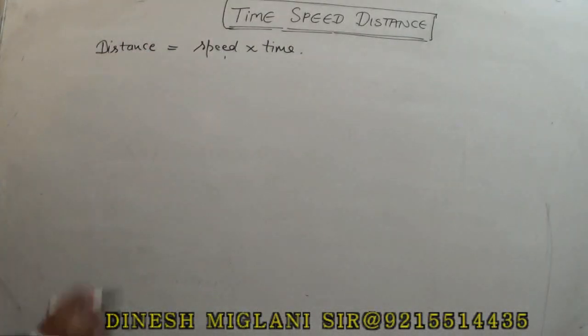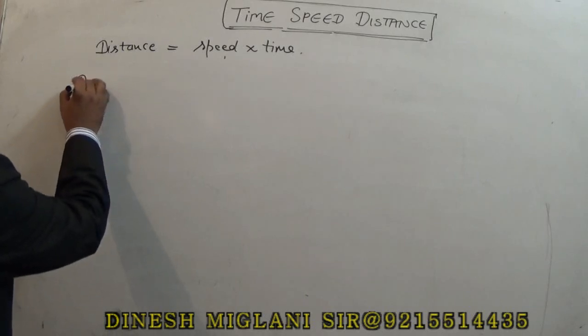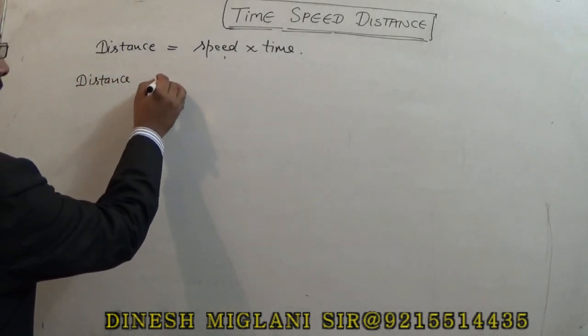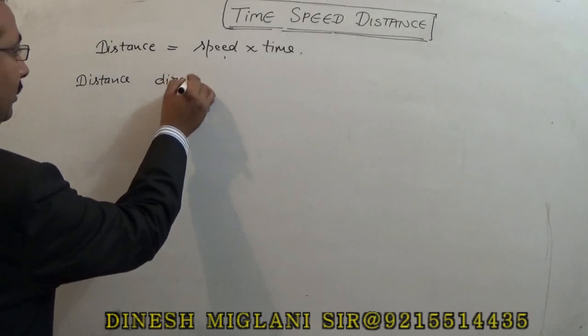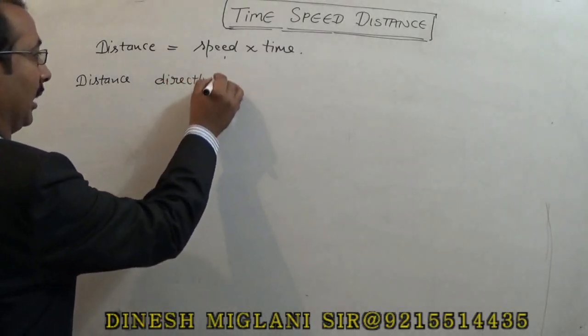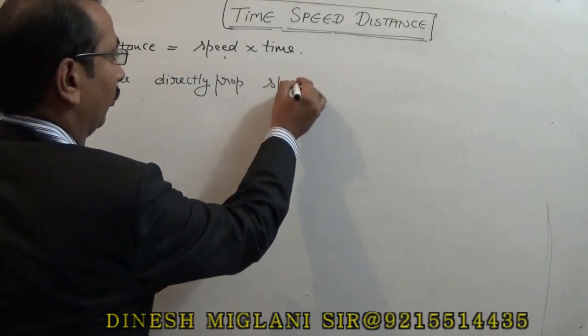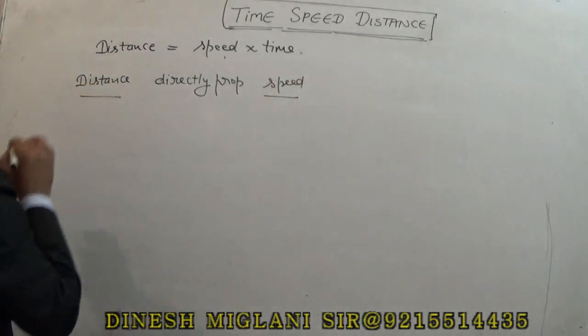Now after this, we have this formula distance equal to speed into time. We try to understand the relationship between distance, speed and time. Distance is directly proportional with speed when time is constant.